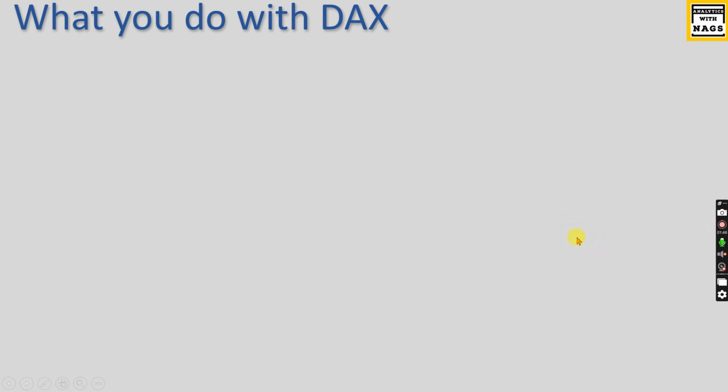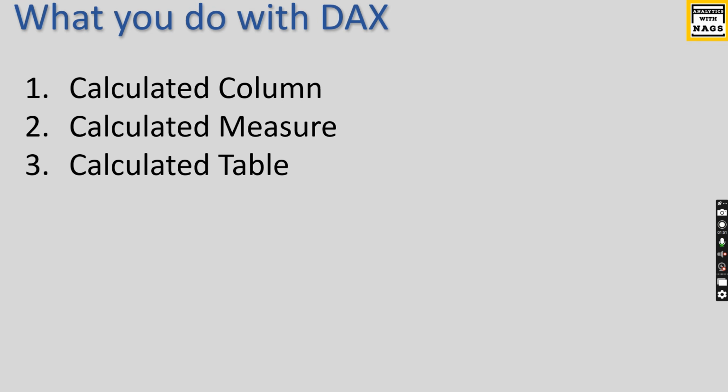So where can it be utilized, what can you do with DAX? DAX is used to do calculated column, calculated measure, and calculated table. Predominantly it is used for the second purpose, that is calculated measure. We are going to deep dive into this as part of this chapter.